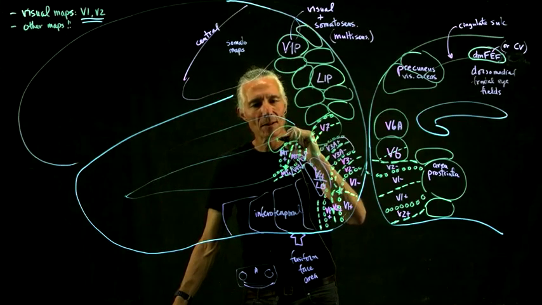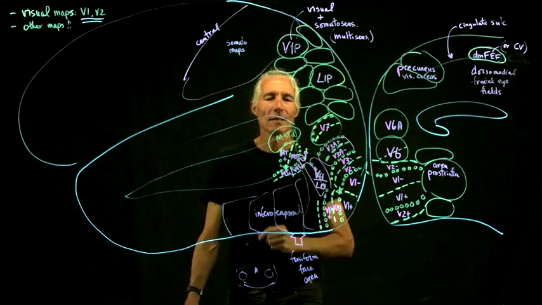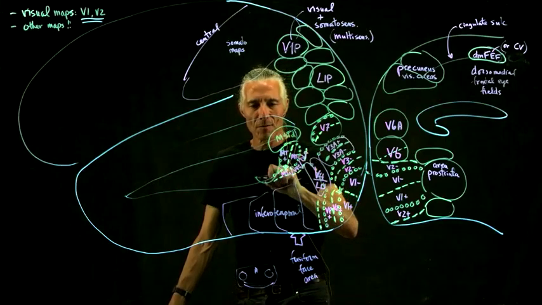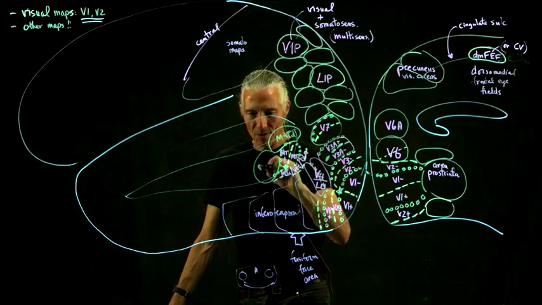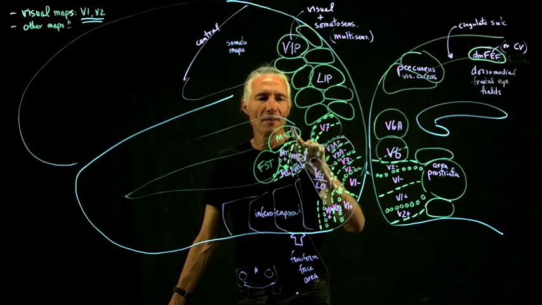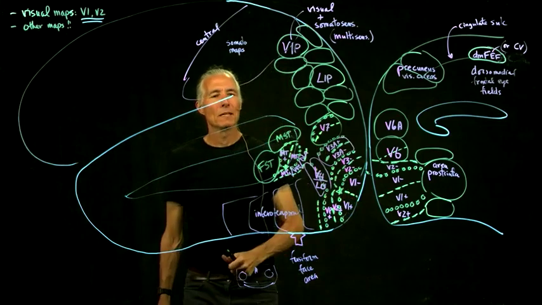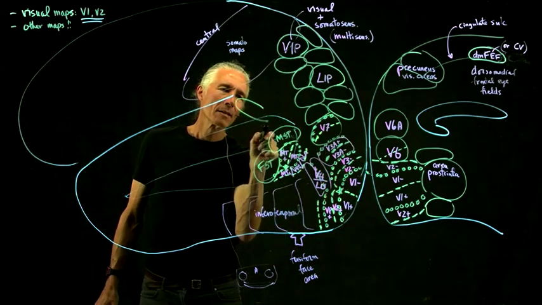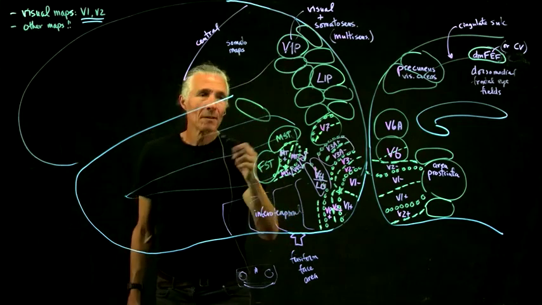One of them is called MST. There's subparts to it, but we'll just call that MST. And there's another one that also has subparts, called FST.